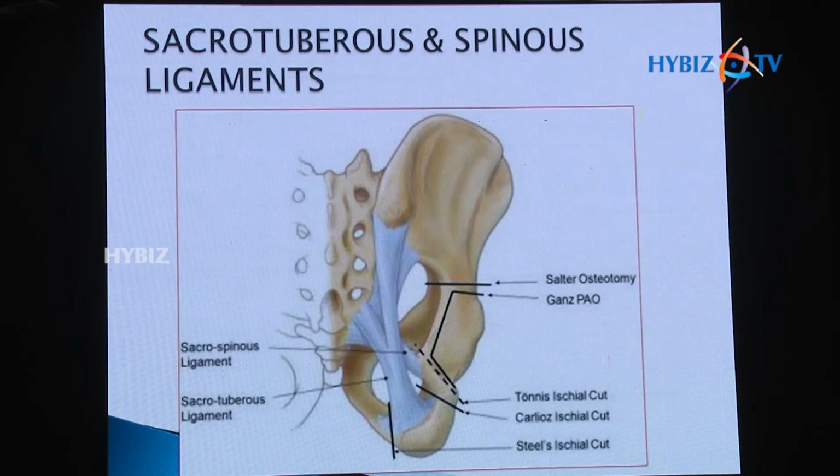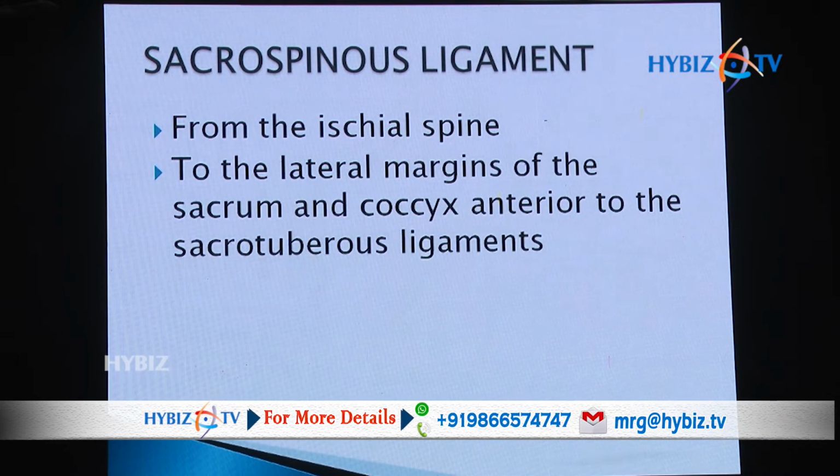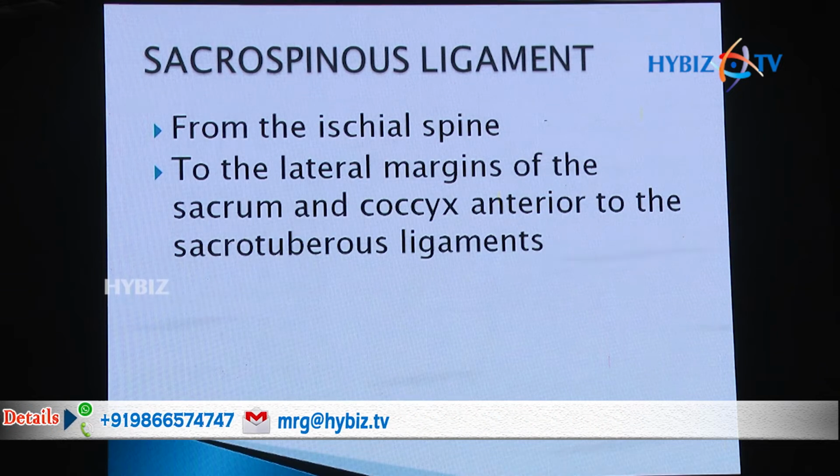This picture shows two ligaments not related to the joints. You can see the sacrospinous ligament anterior to the sacrotuberous ligament; it connects the ischial spine and the lateral margins of the sacrum and coccyx. All these represent the ligaments of the bony pelvis.